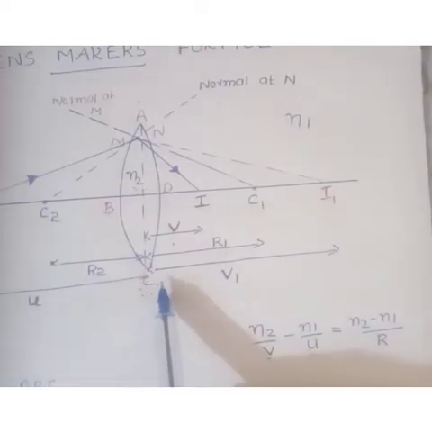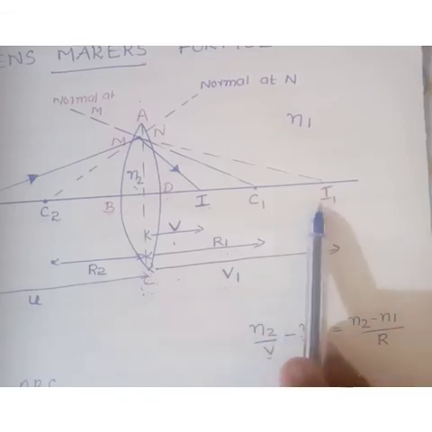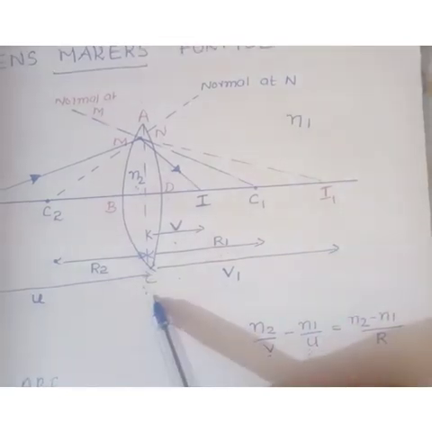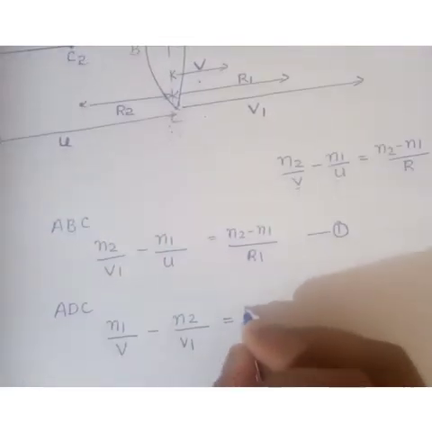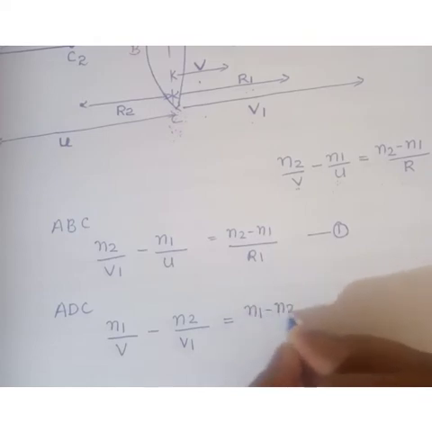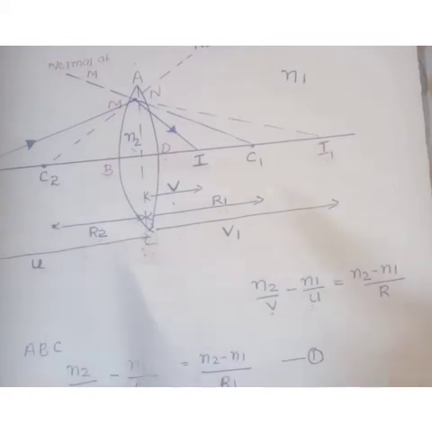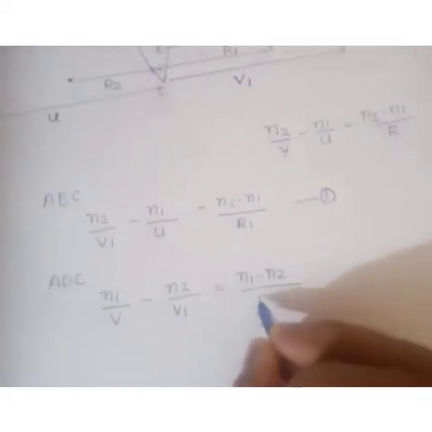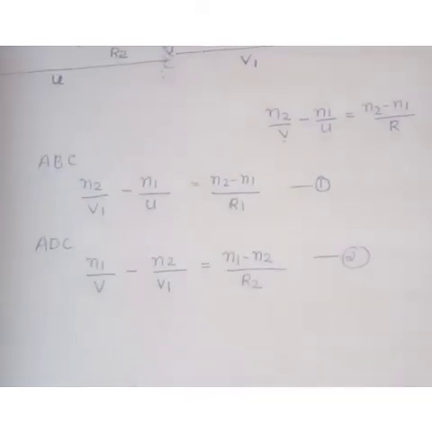Here the object distance is V1, a virtual object of the surface ADC. So it is equal to N1 minus N2 divided by R2. This is equation number 2.